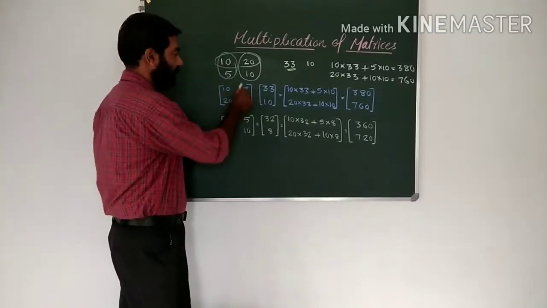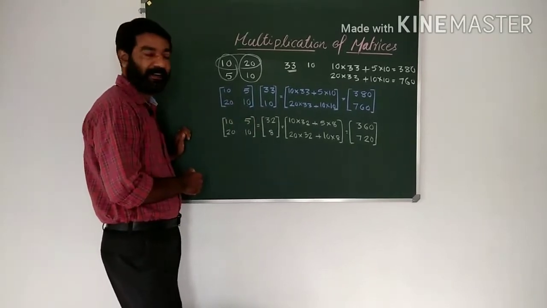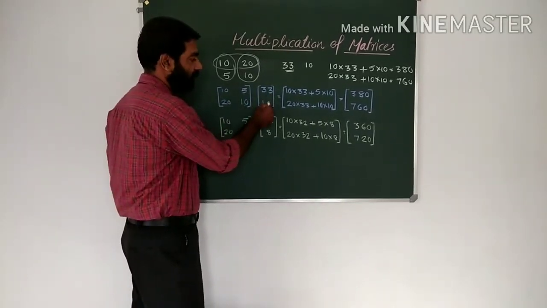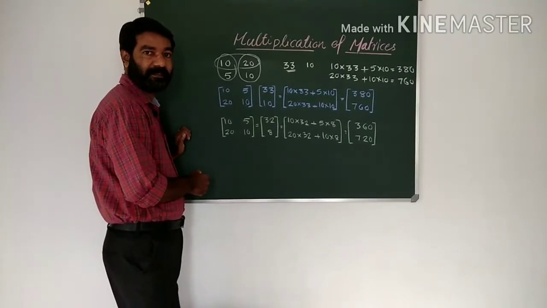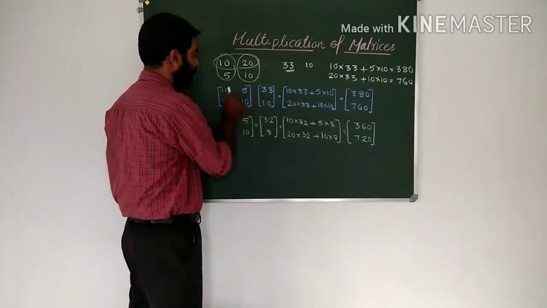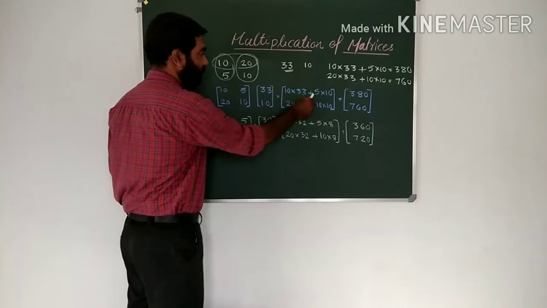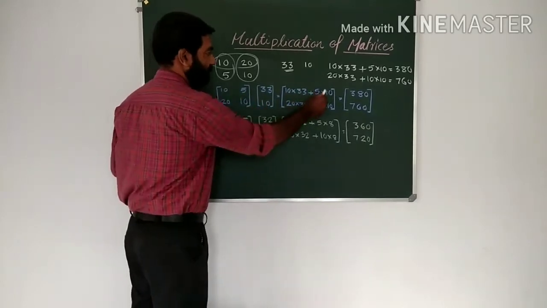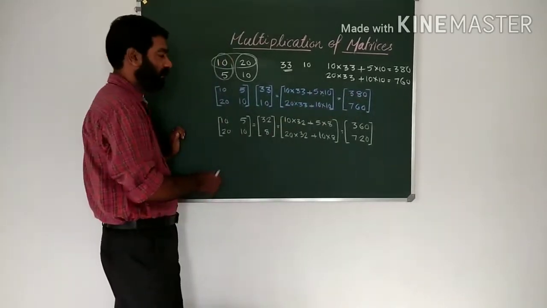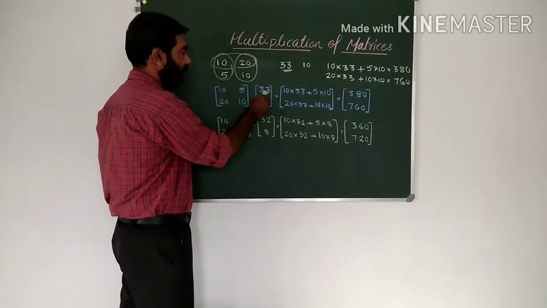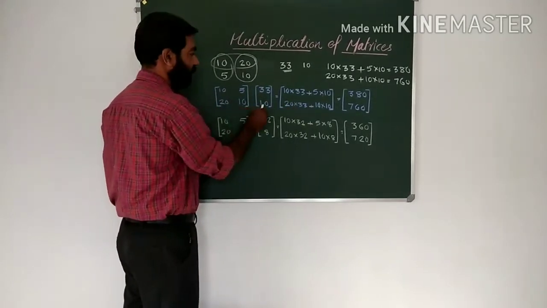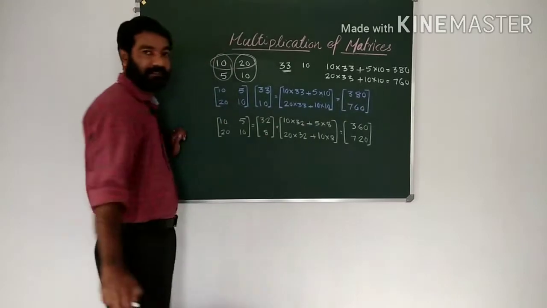We can represent this in a matrix. And the price is 33 for a notebook and 10 for a pen. So the total price is 10 into 33 plus 5 into 10, that is 380 for me, and for my friend 20 into 33 plus 10 into 10, that is 760.